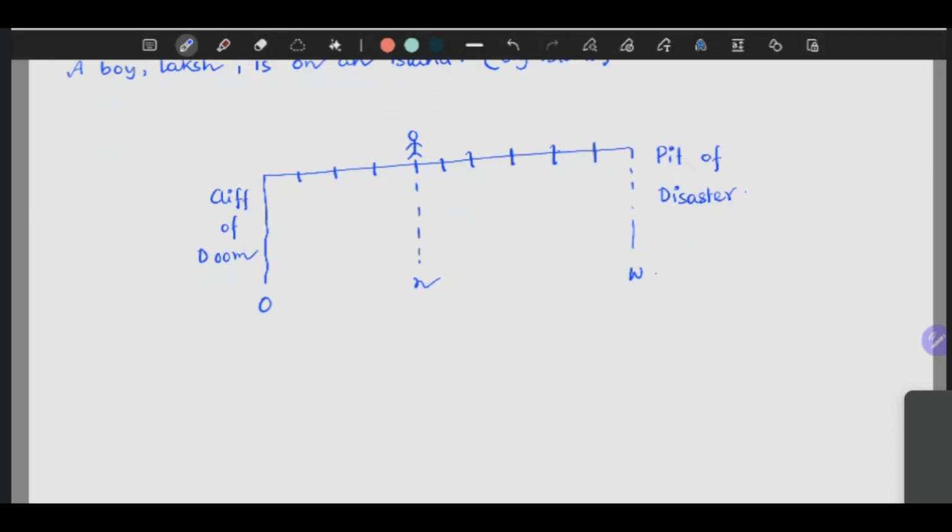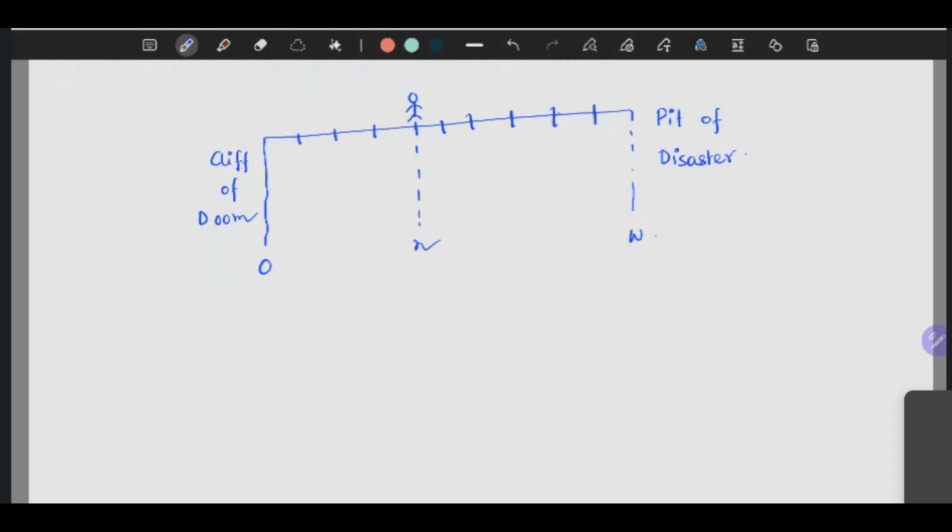So let's name this problem Lux on a big island. He is n feet away, and he can take 1 foot steps forward, right and left.